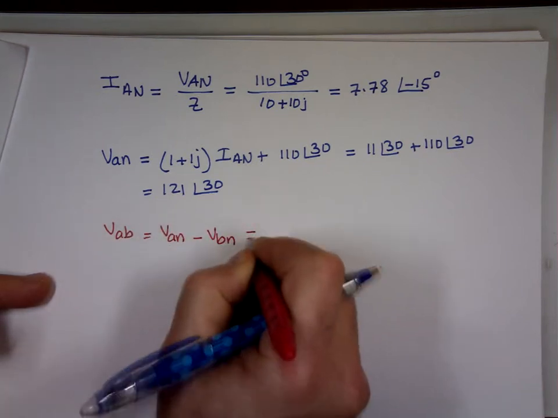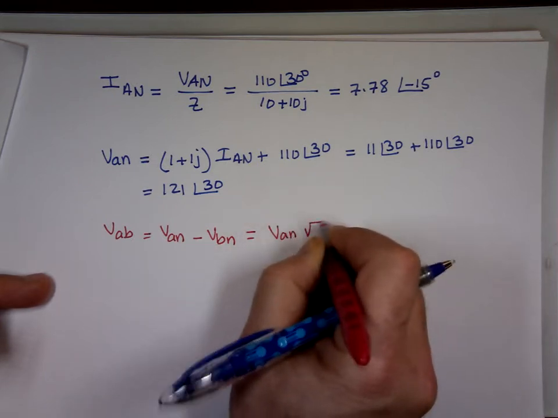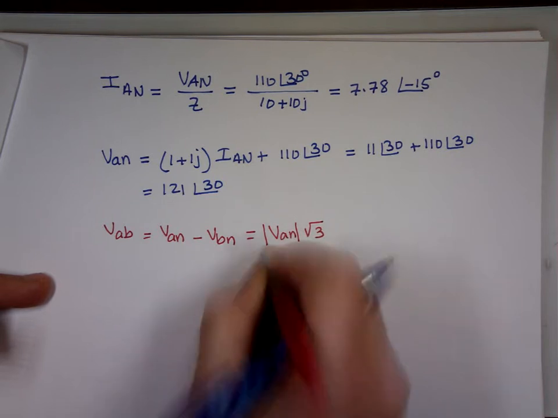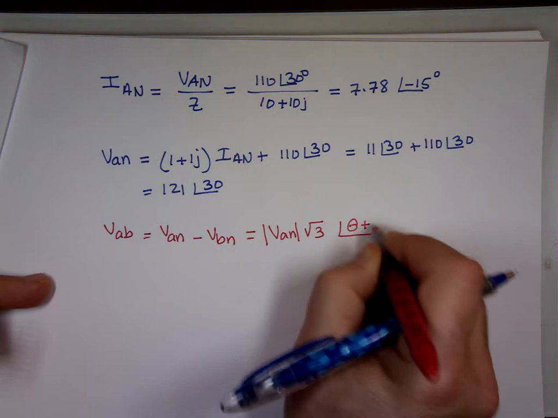Or we have a shortcut for that. You take VAN, you multiply its magnitude by the square root of 3. You take the angle theta and add 30 degrees to it.